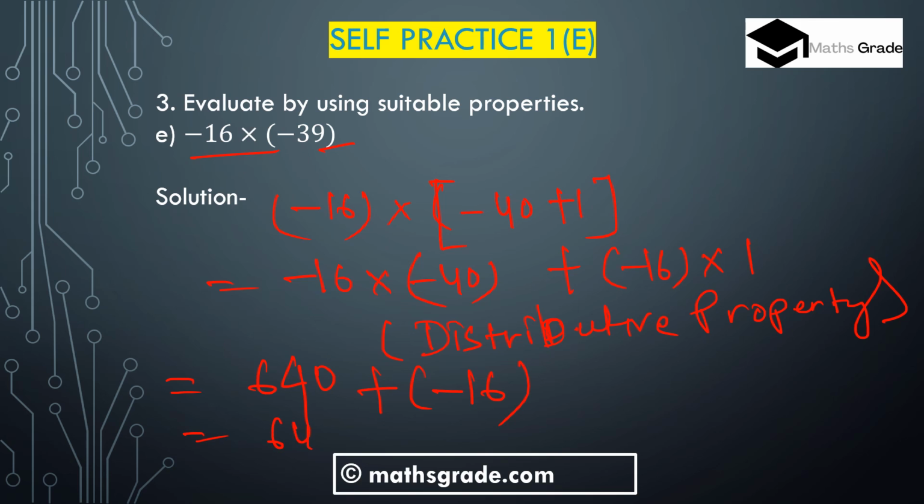Now 640 minus 16. Now 10 minus 6 is 4 and 3, 3 minus 1 is 2 and this is 6. Now it is 624. So minus 16 multiplied with minus 39 is 624. And the property used is distributive property of multiplication over addition.